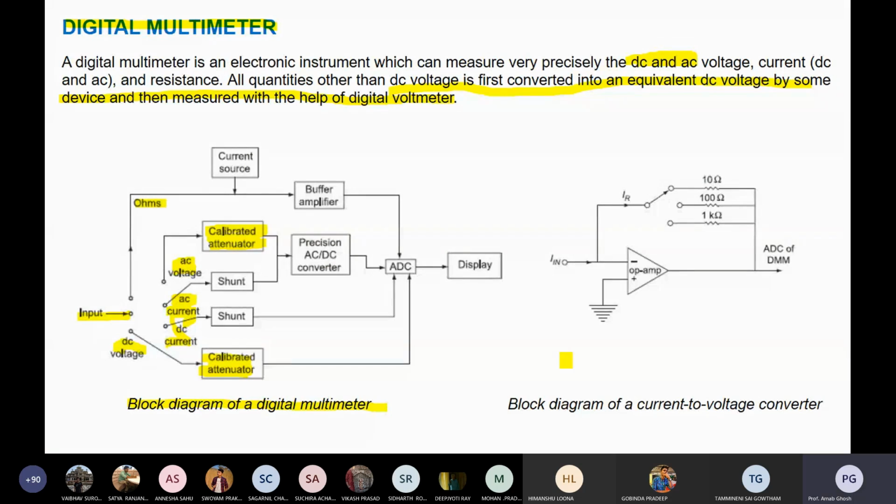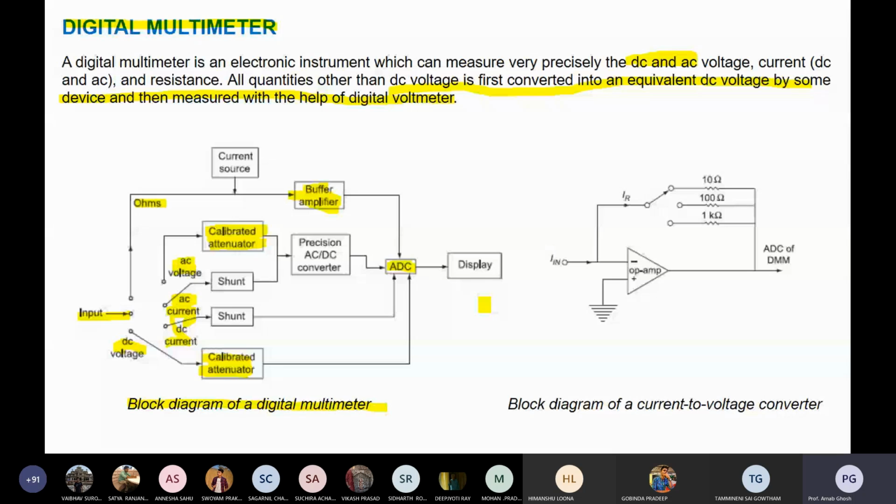Buffer amplification is also required. Buffer amplification means that if the value is very small, sometimes you need to go for amplification. Otherwise, there is the analog to digital conversion. In all cases you are measuring an analog input and your output is digital output, which means you have some display.